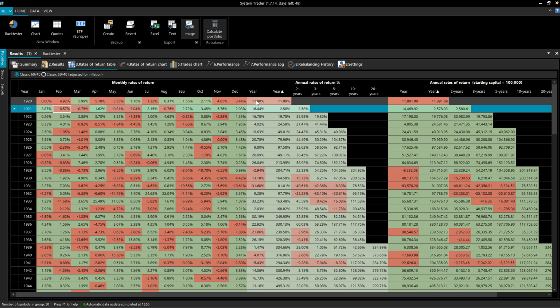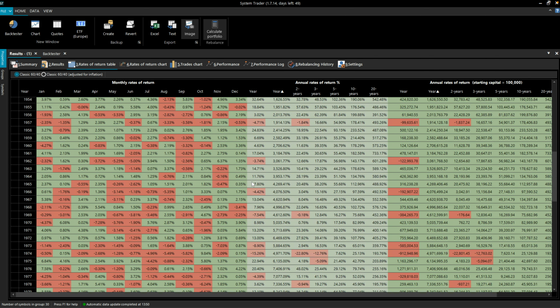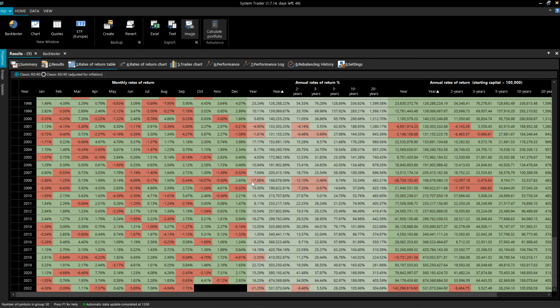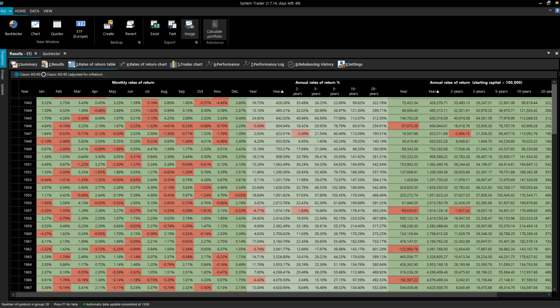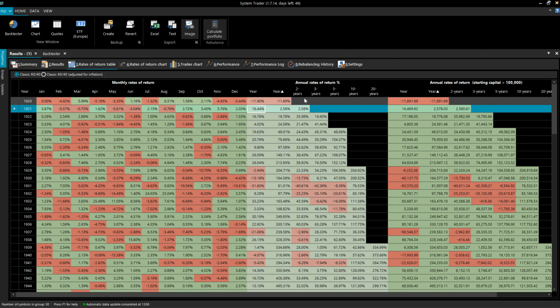And here you can see how the year was. So we can see 1920 minus 11, 21, 16%, and so on and so forth. And basically you can go through all the years up to 2022. And also you can see here the profits which were made on a 2, 3, 5, 10, and 20 years period.